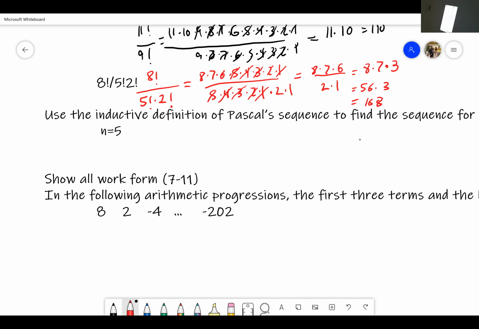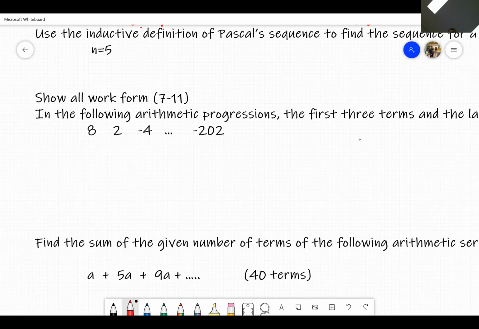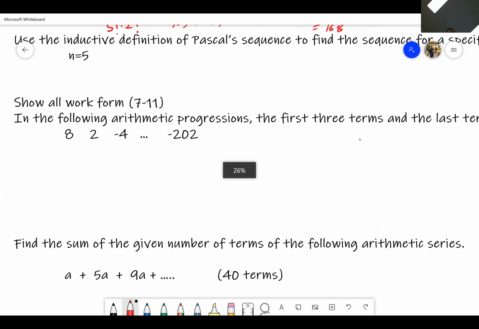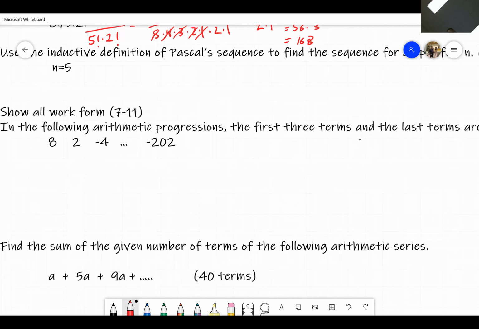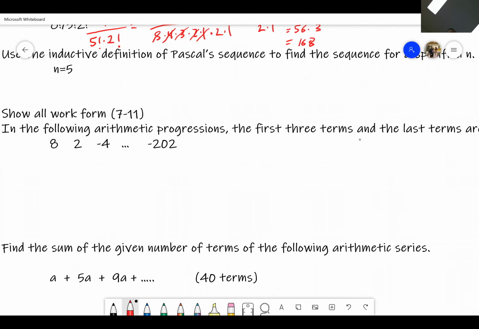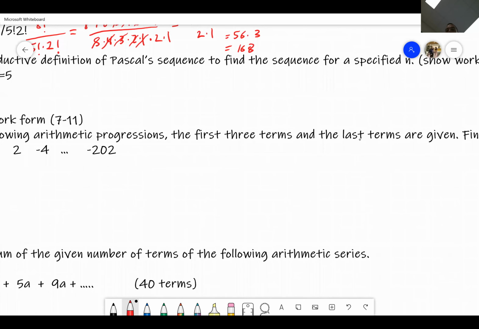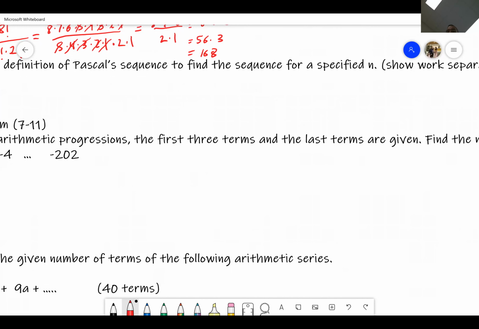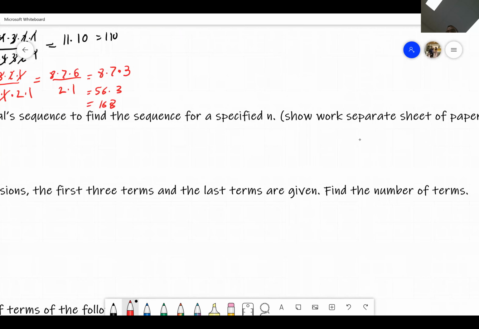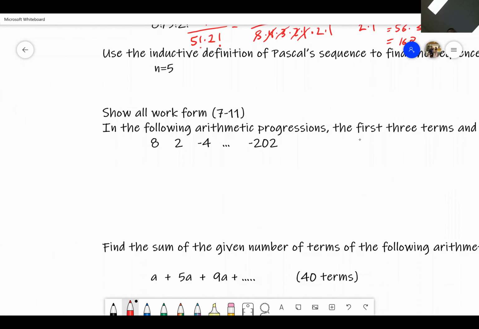You did these? I attempted. Okay, so let's start with number 7. It says here, in the following arithmetic progression, the first 3 terms and the last 3 terms are given. Find the number of terms.